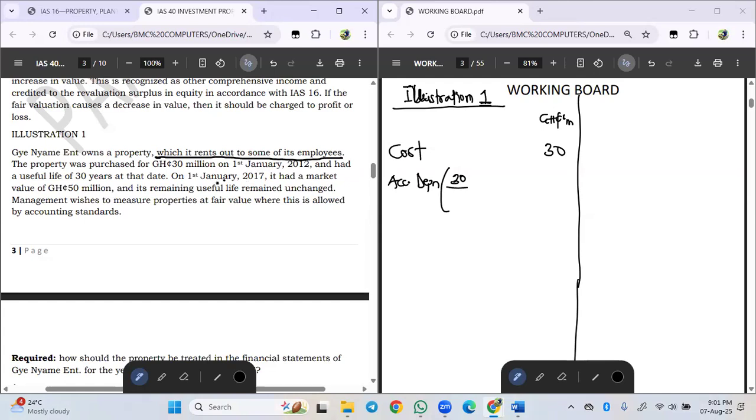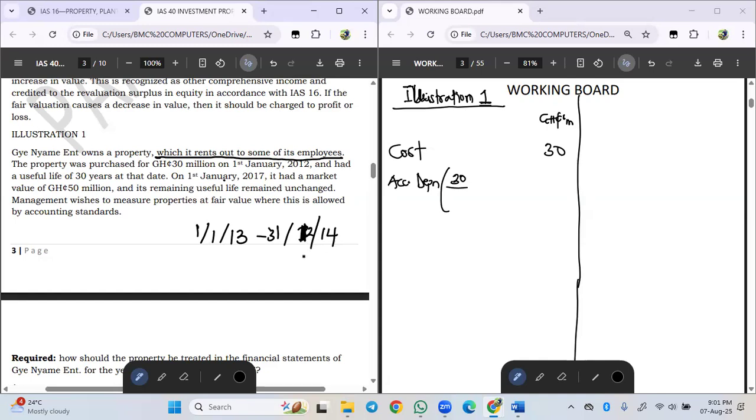If you don't take care, say from 1st January 2013 to 31st December 2014, you say that this one is 1 year.